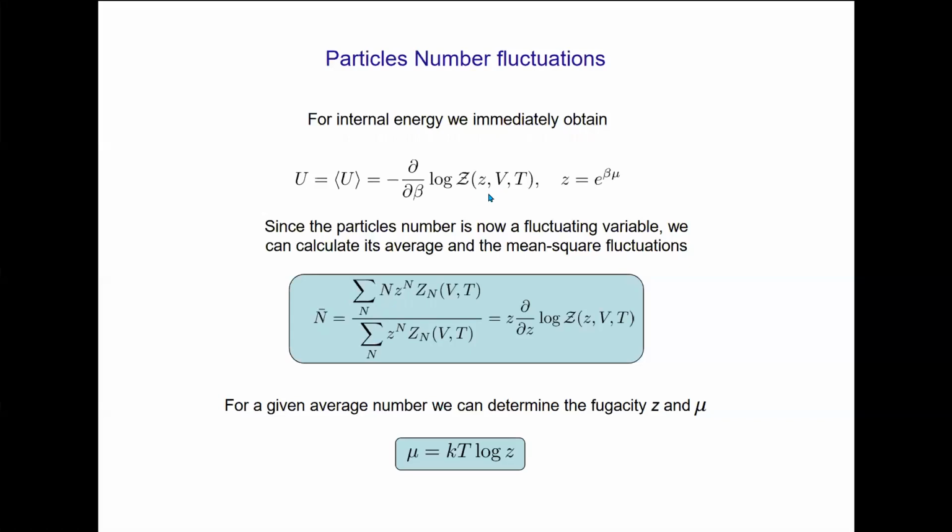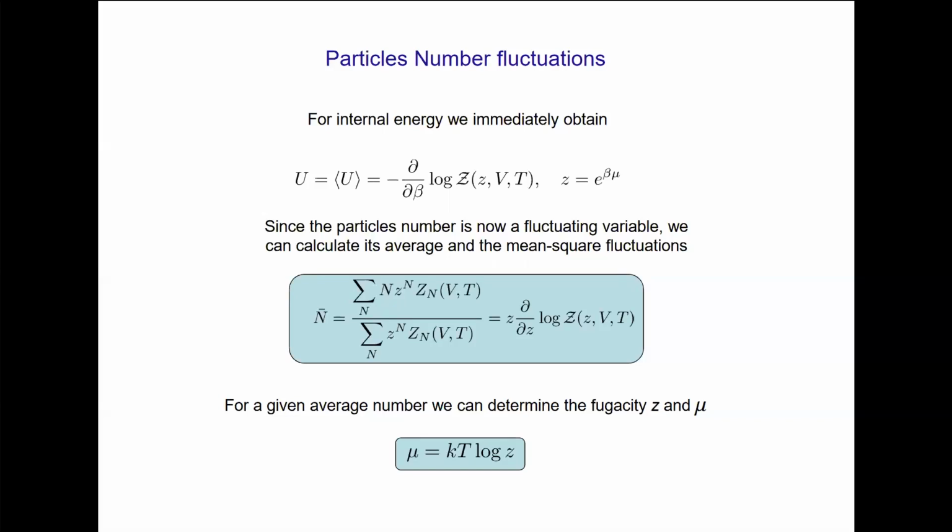Now we have a system where the number of particles can fluctuate. We have relative probabilities, so we basically have all the basic ingredients for our statistical description.